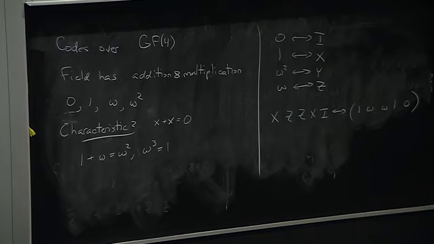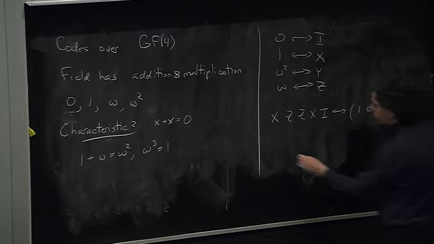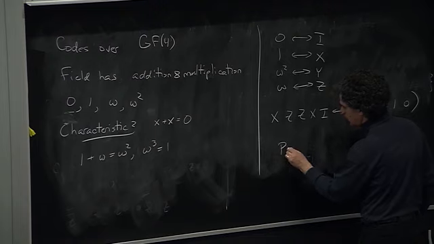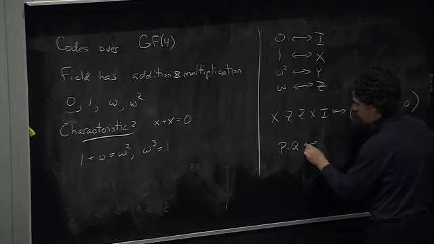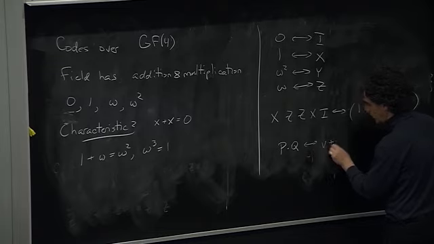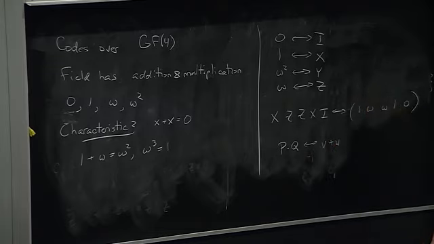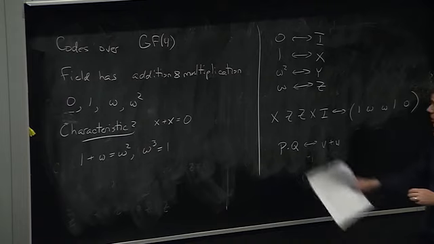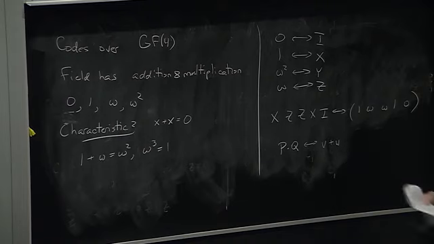Okay, and once again, when you do this, multiplication becomes addition, right? So multiplication in the Pauli group is addition over GF4.